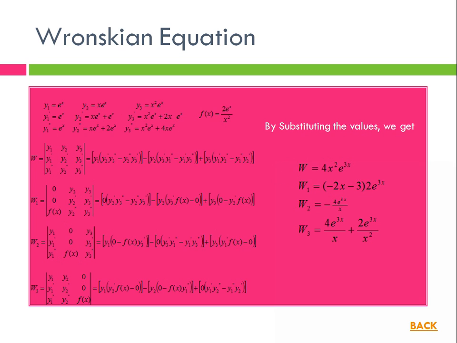Namely, W is equal to 4x^2 e^(3x), W sub 1 equals (-2x - 3) times 2e^(3x), W sub 2 equals -4e^(3x)/x, and W sub 3 is equal to 4e^(3x)/x plus 2e^(3x)/x^2.